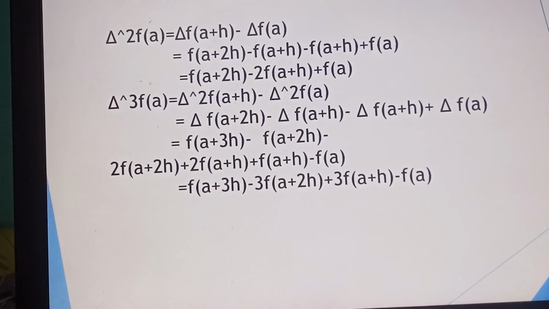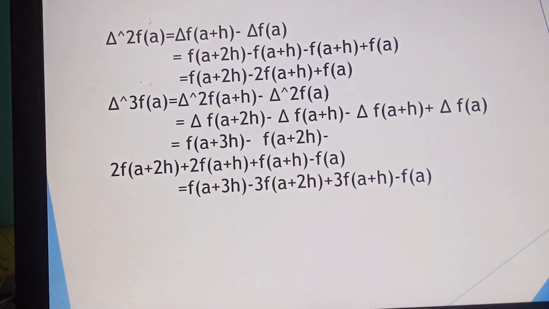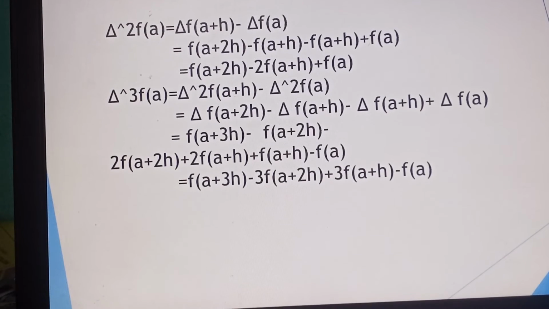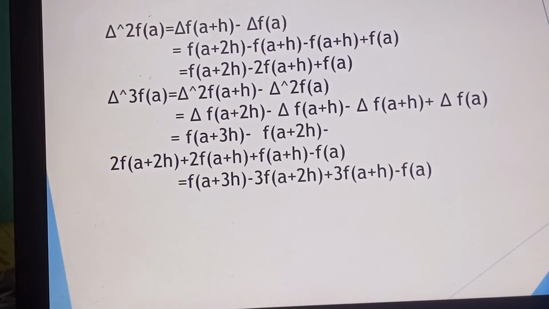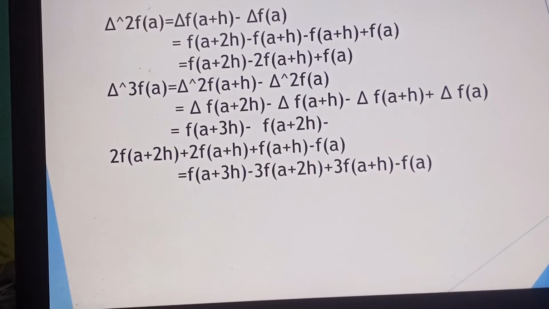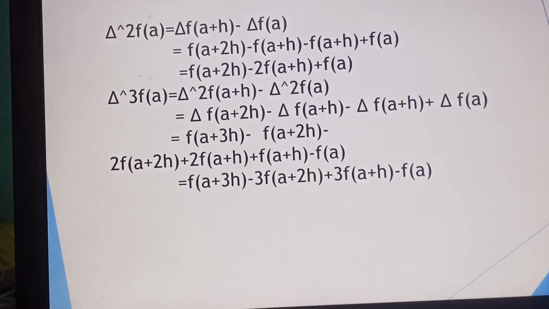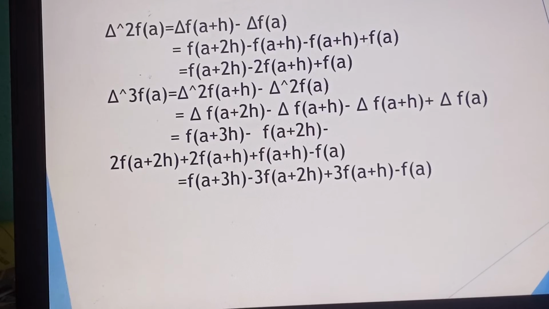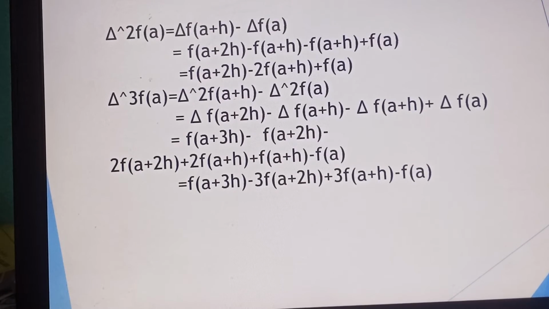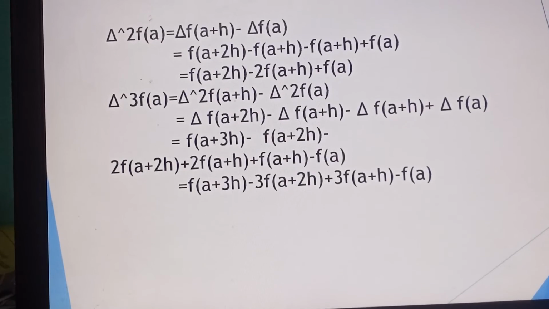That is delta f of a plus 2h minus delta f of a plus h minus delta f of a plus h plus delta f of a, equal to f of a plus 3h minus f of a plus 2h minus 2 times f of a plus 2h plus 2 times f of a plus h plus f of a plus h minus f of a.